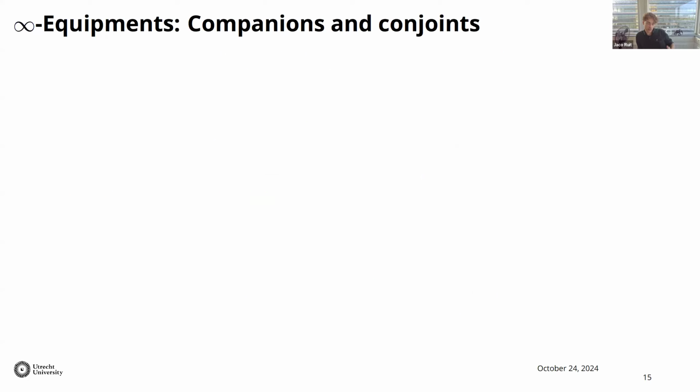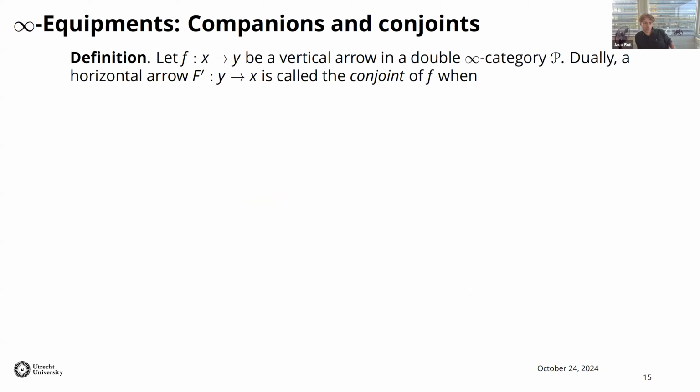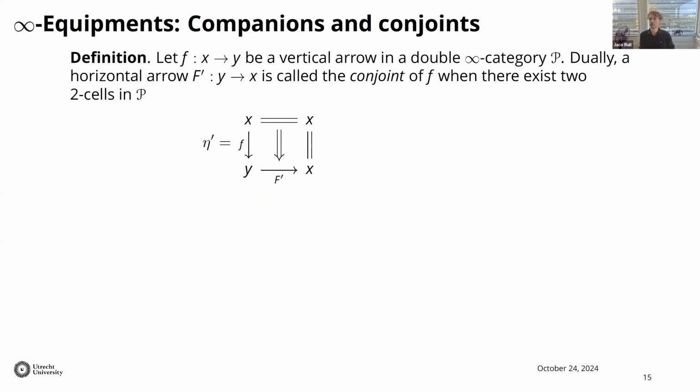All right, so you can also run the same dual definition for conjoints. We take F to be a vertical arrow in P, then a horizontal arrow F prime from Y to X is called the conjoint of F when there exist two cells which look very similar, but with some rotations. So we have eta prime, called the conjunction unit, and epsilon prime, called the conjunction co-unit.